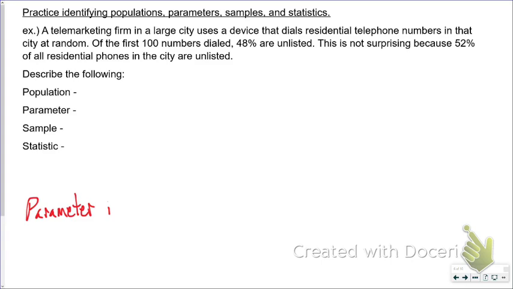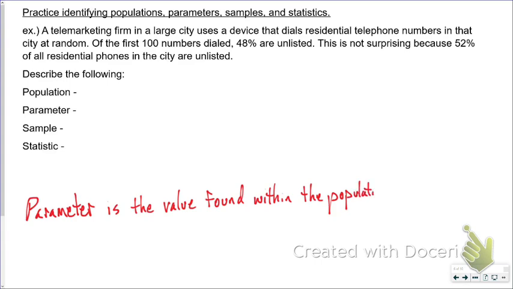The parameter is the value found within the population, or for the population. I think that wording works.